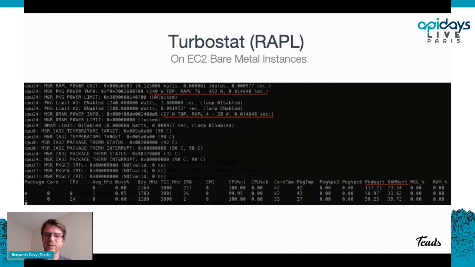So what do we get? First, we get the CPU TDP that was underlined in red on top, which stands for thermal design power. According to Intel, it refers to the power consumption under the maximum theoretical load. So it's supposed to be the maximum sustainable power consumption for the CPU.